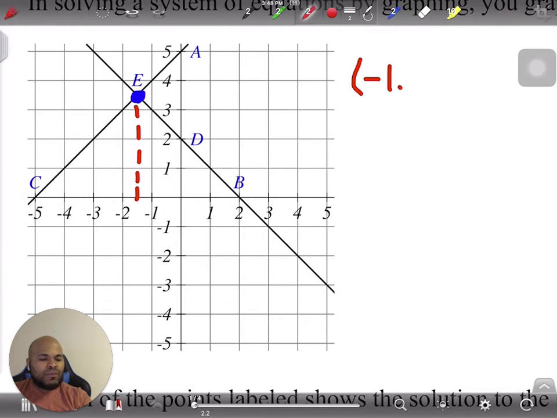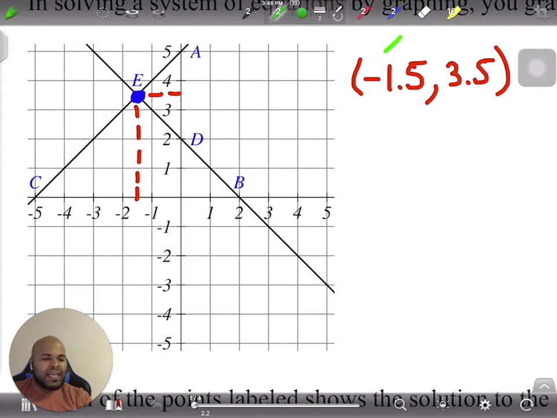So that'll be -1.5 for X. And for the Y value, that looks like it will be right between 3 and 4. So that is 3.5. That's how you will find the value of the solution of these systems of equations. So remember, the solution of a system of equations is a point, always a point, not just a number. And it's always X, comma, Y. I hope that that makes sense.